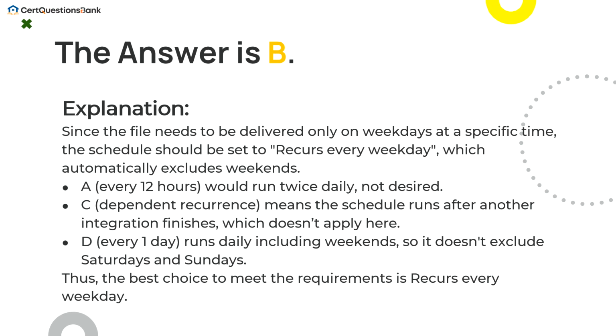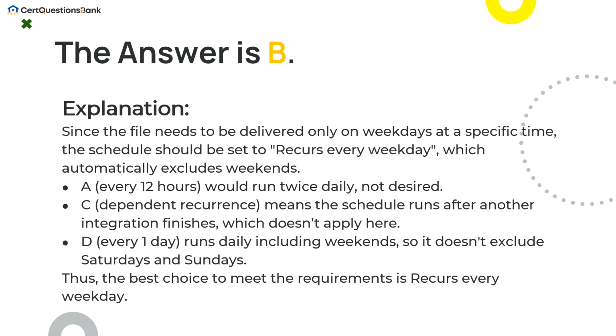The answer is B. Since the file needs to be delivered only on weekdays at a specific time, the schedule should be set to recurs every weekday, which automatically excludes weekends. A. Every 12 hours would run twice daily, not desired.